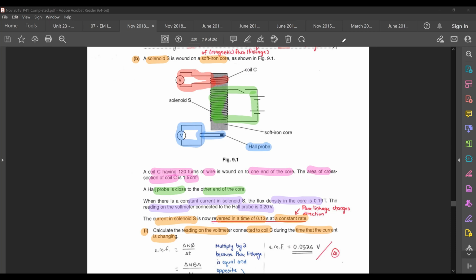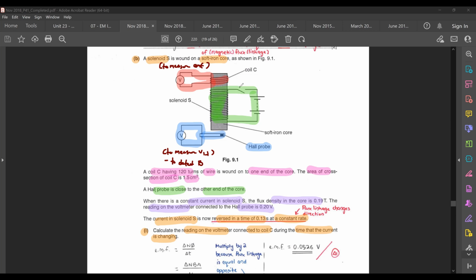So from this diagram, your voltmeter for coil C is meant to measure your EMF induced, whereas the other voltmeter connected to your Hall probe is to measure Hall voltage. In other words, it's meant to detect your flux density.